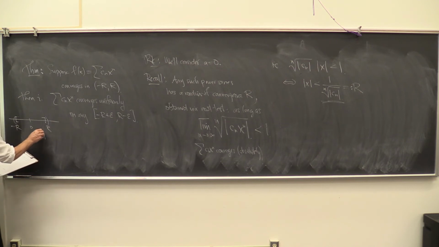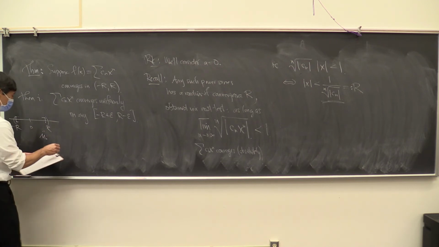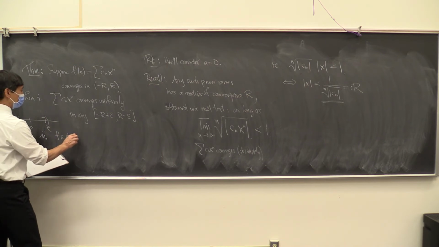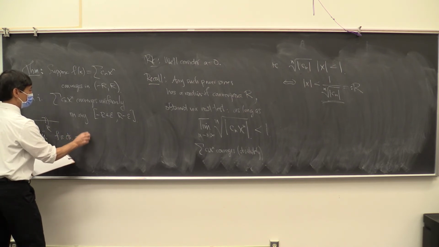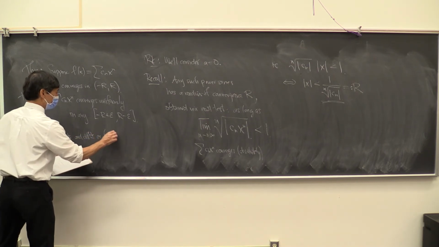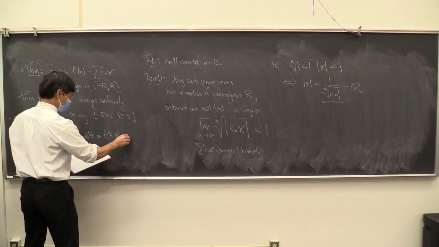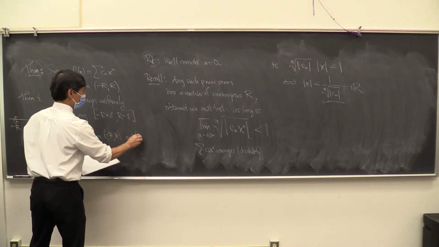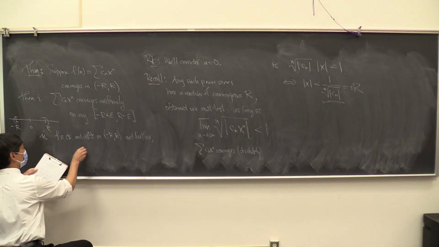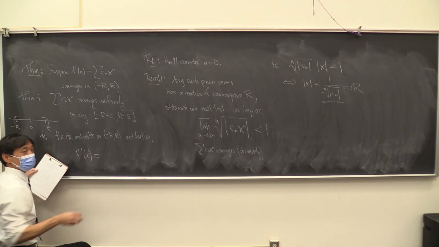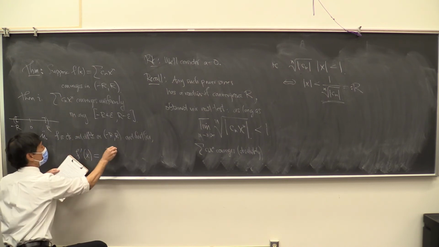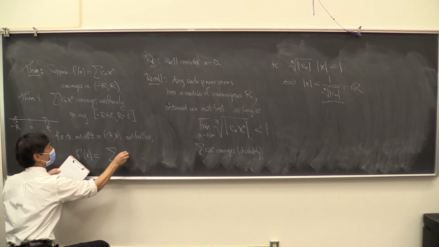Part 2, f is continuous and differentiable in negative r to r. And further, its derivative has a power series expansion, and the power series expansion is obtained by differentiating that guy term by term.